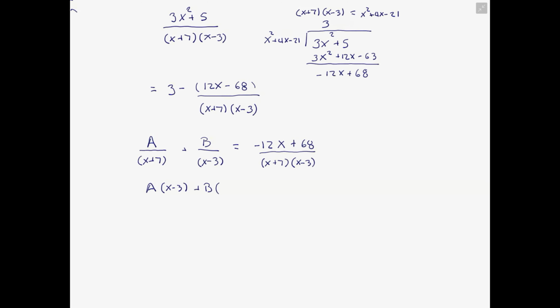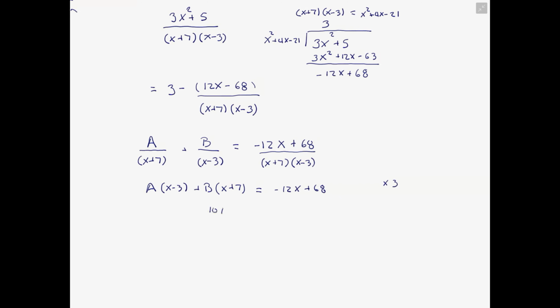So we multiply across. A times x minus 3 plus B times x plus 7 equals minus 12x plus 68.